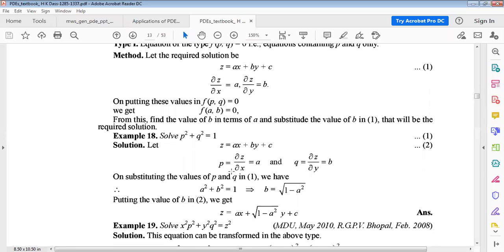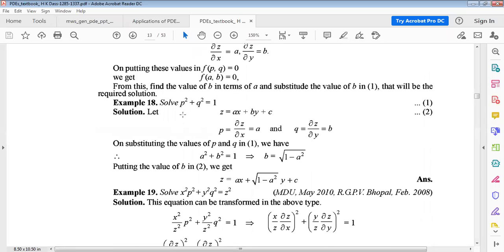Now let us consider another example. Solve p square plus q square equals 1. This is a nonlinear partial differential equation where p equals del z del x, and let z equals ax plus by plus c. This is the solution of this. So here p equals del z del x equals a, and q equals del z del y; taking partial differentiation of z with respect to y, you get b.